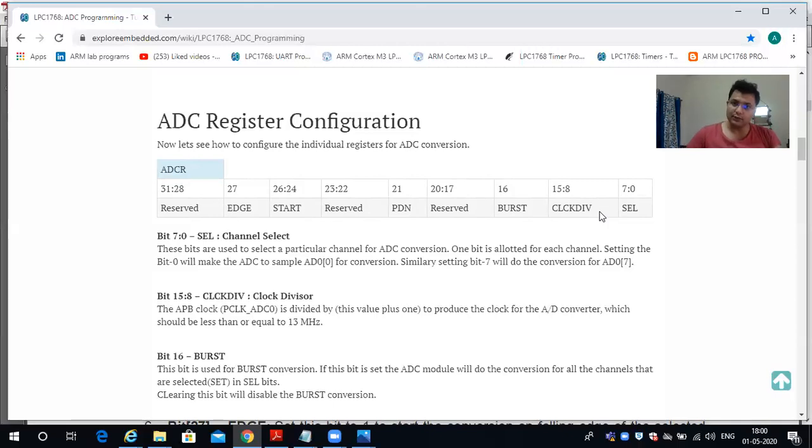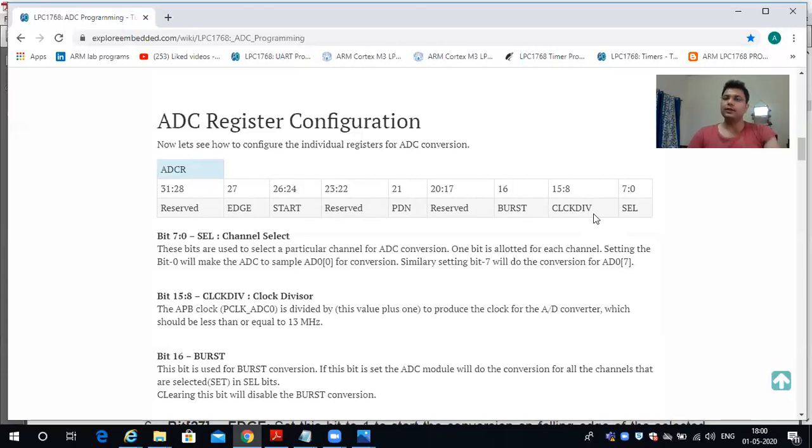Suppose the value written in bits 8 to 15 is 1, that means 1 plus 1 is 2. And already we have selected the PCLK, and the relationship was 1 1, so that means PCLK is equal to core clock divided by 8.